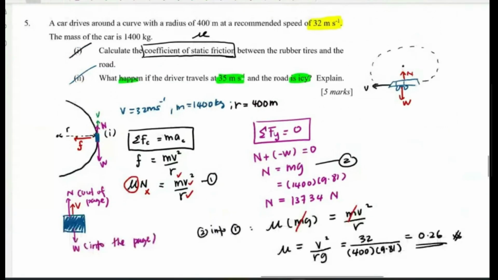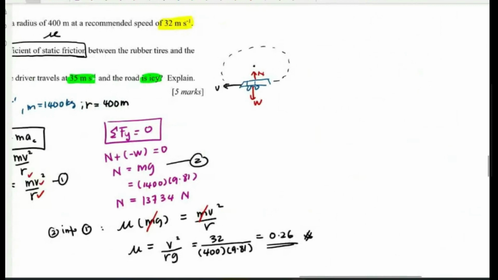Keyword dekat situ adalah road is icy. Awak tengok kat situ. So bila road is icy, okay, jalan itu berais, dia akan jadi slippery lah.